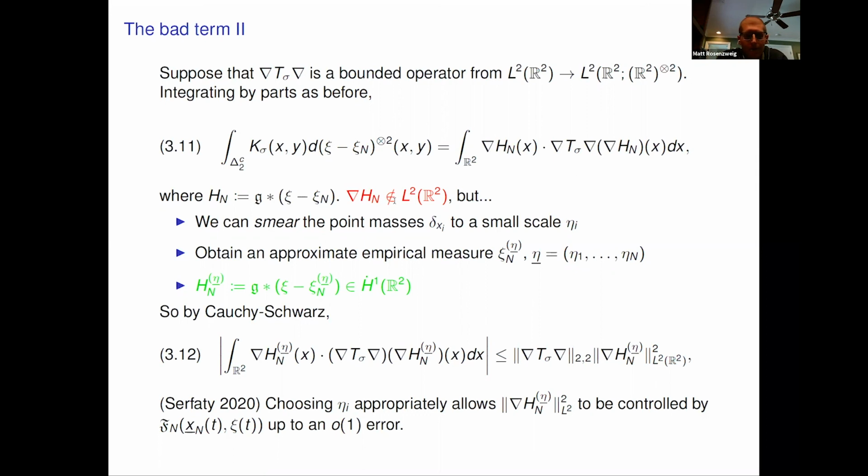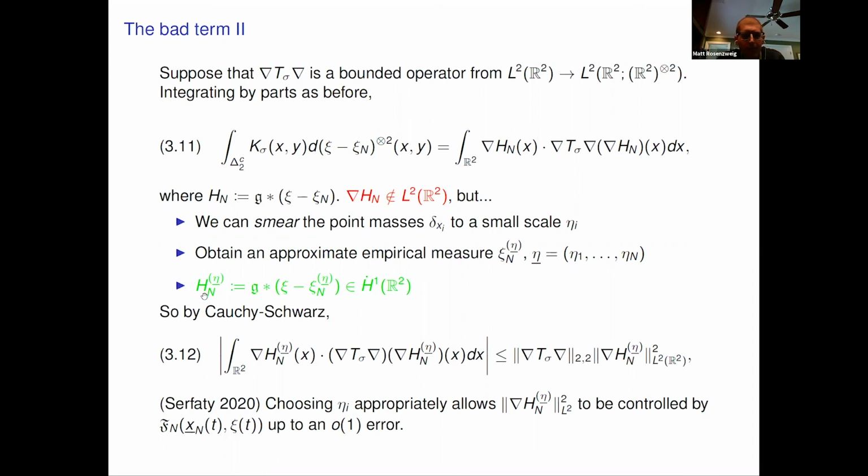However, it's a good however, not the kind of however that's followed by something bad. We can smear the point masses a little bit to some small scale eta_i. There's a good procedure in the literature already for doing this, I believe originating in Serfaty's original work. Using the smearing procedure, we can obtain an approximate empirical measure with the small scale vector parameter eta.